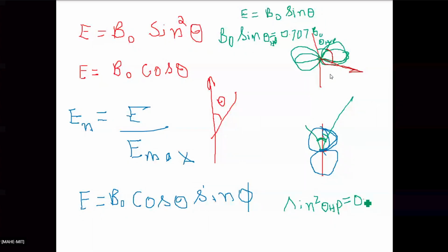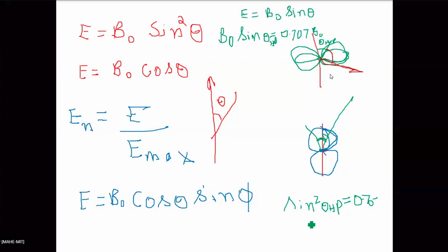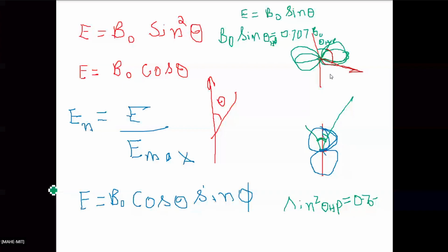Then after finding theta HP, 90 degrees minus theta HP, times 2, will be the HPBW for the sin square theta pattern. For cos square theta, cos square theta HP is equal to 0.707. That's how you have to plot. Is it clear? Yes, sir.